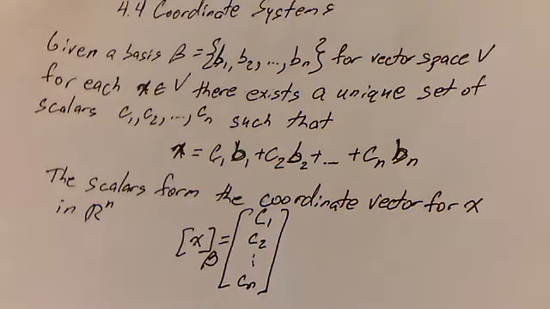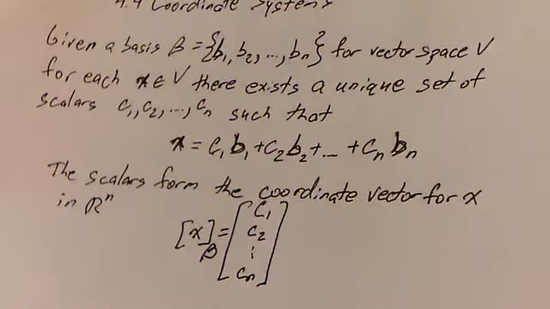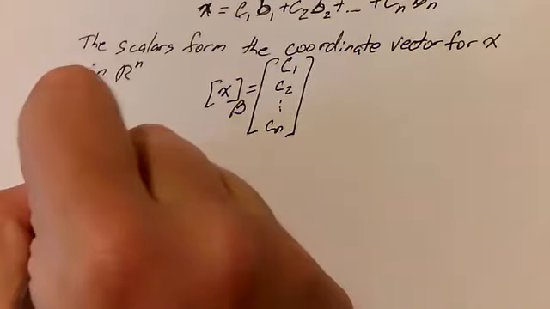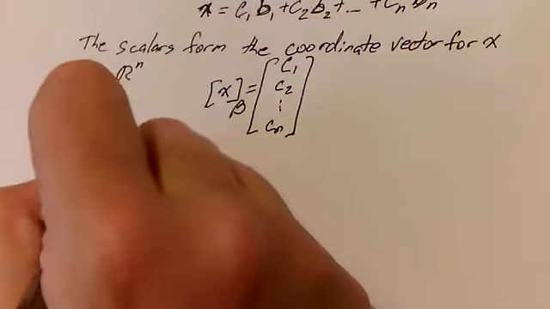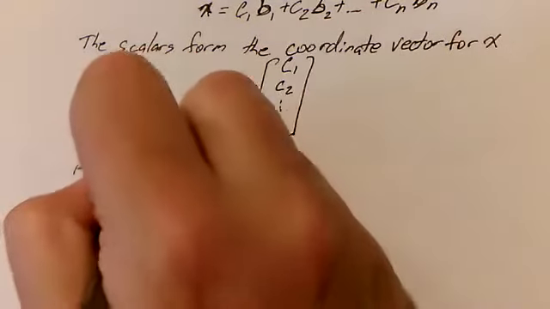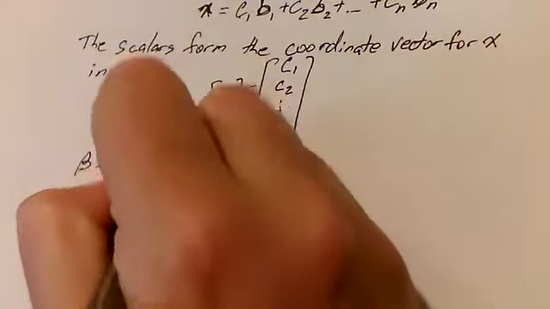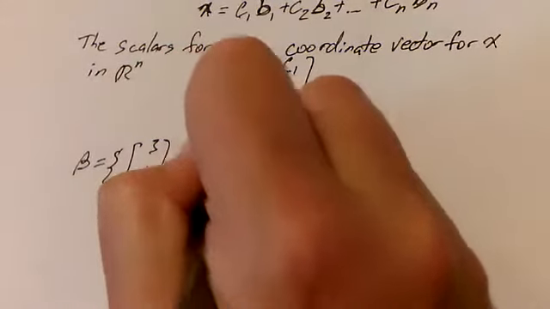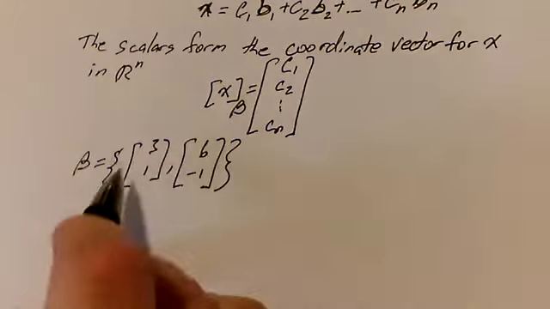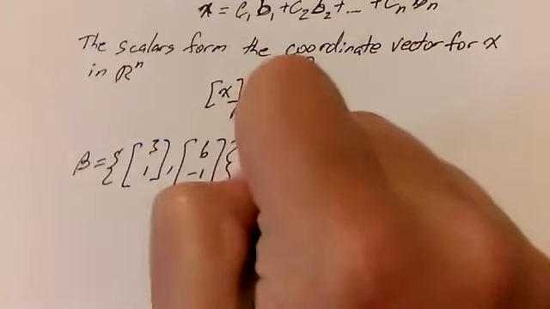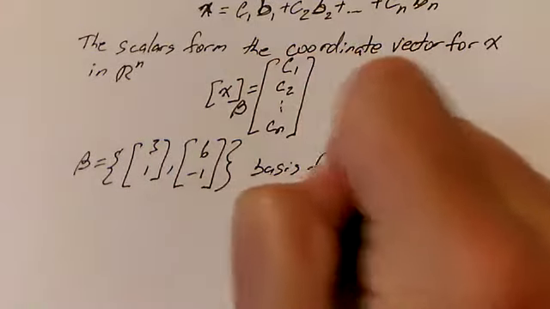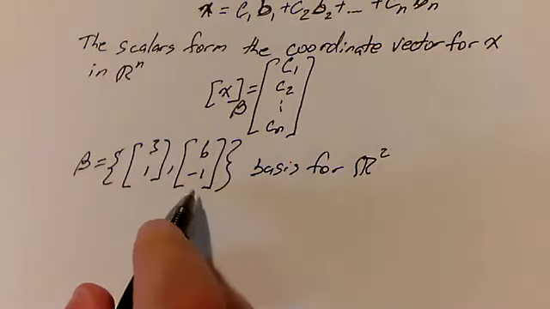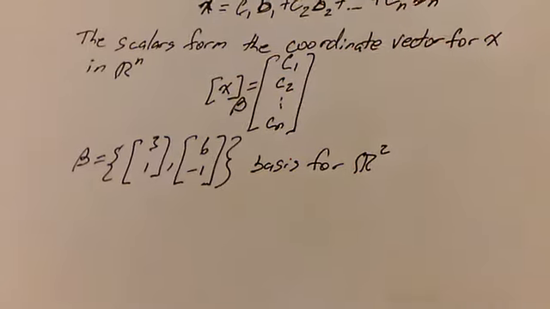All right, so if I have a basis B, let's make a nice simple basis. B is equal to the following two vectors: 3, 1 and 6, -1. This is clearly a basis for R2, because I have two vectors, they're clearly independent, they're not multiples of each other, and I have two coordinates involved.